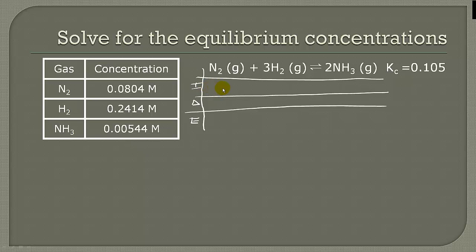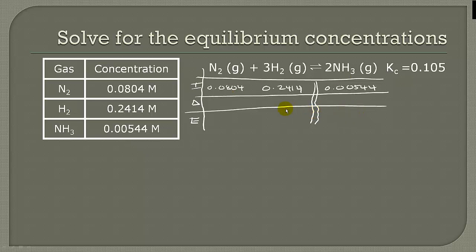It's not very easy, but N2 is 0.0804, H2 is 0.2414, and NH3 is 0.00544. And I do like to put a double line down the middle here so that I can keep track of reactants and products.